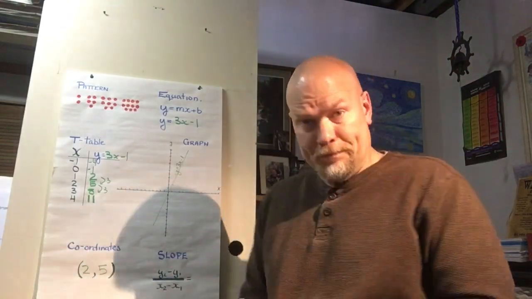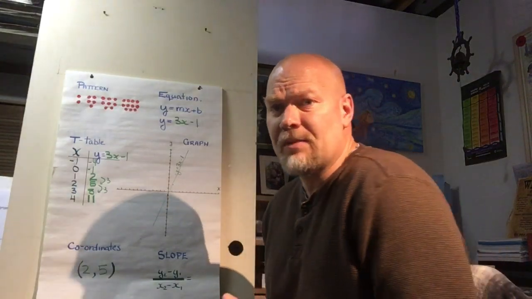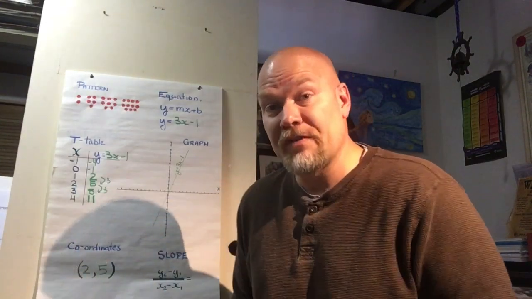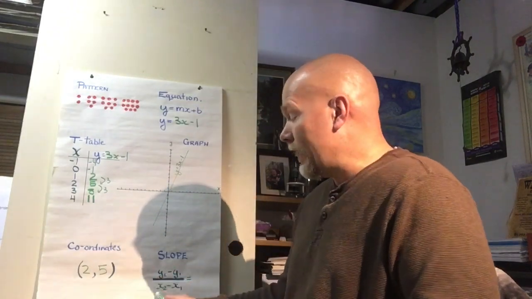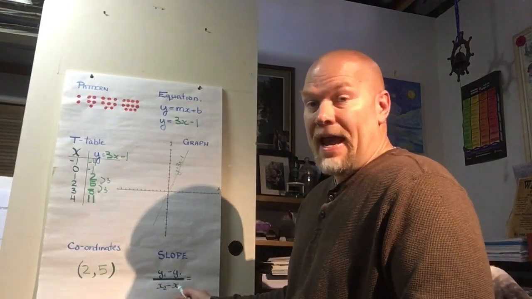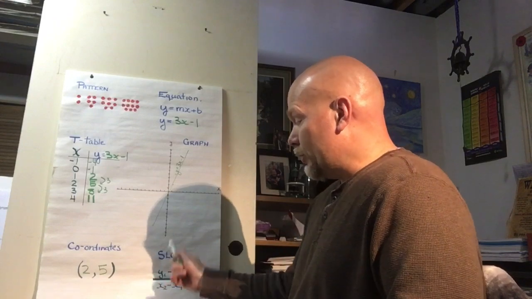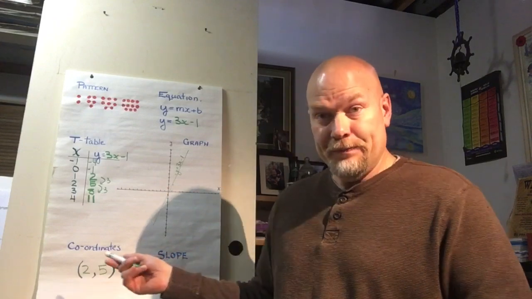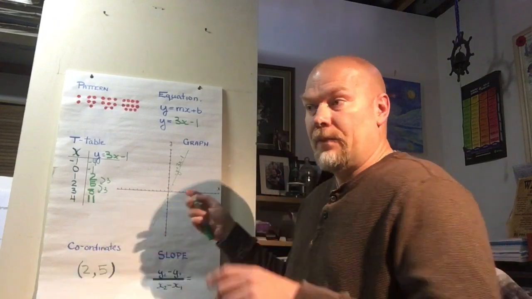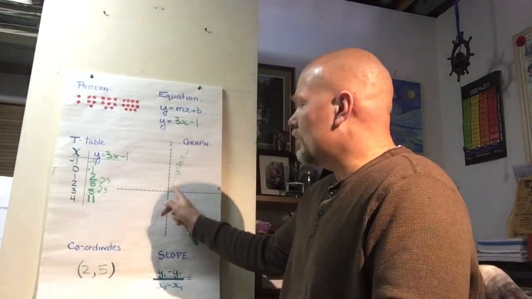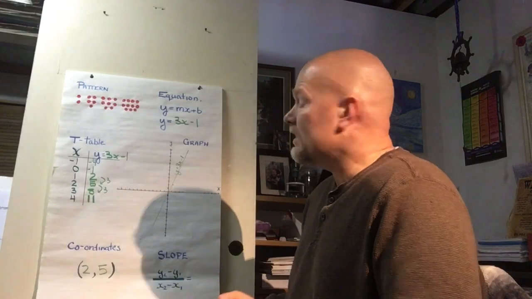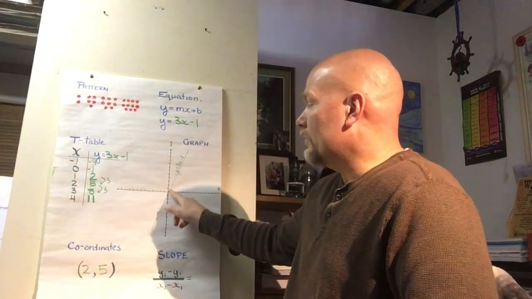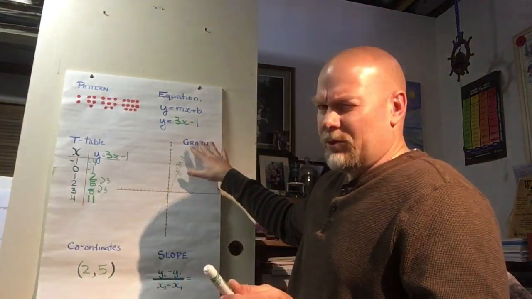And then slope. Slope is something that you're going to be looking at next year specifically. Slope is taking any 2 sets of coordinate points, your x's and your y's, and you put them into this equation where you take your second y value, y2 minus y1. It doesn't really matter which one you use.